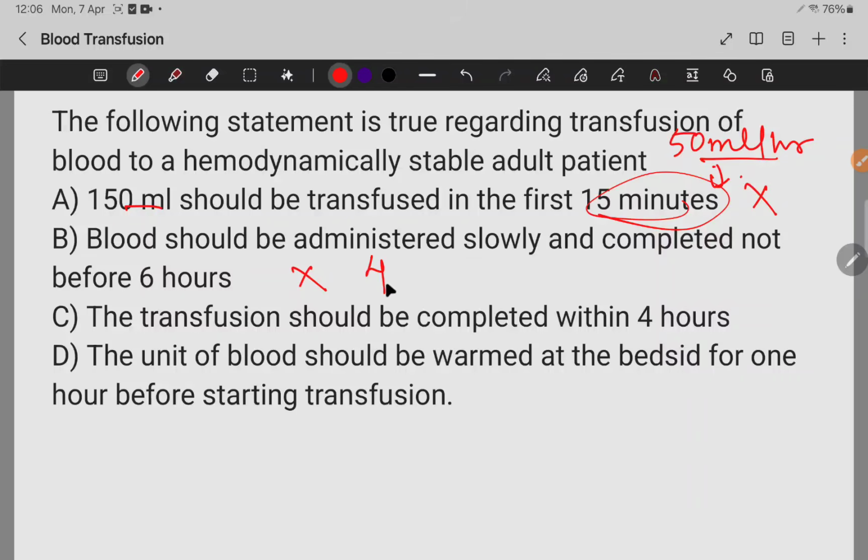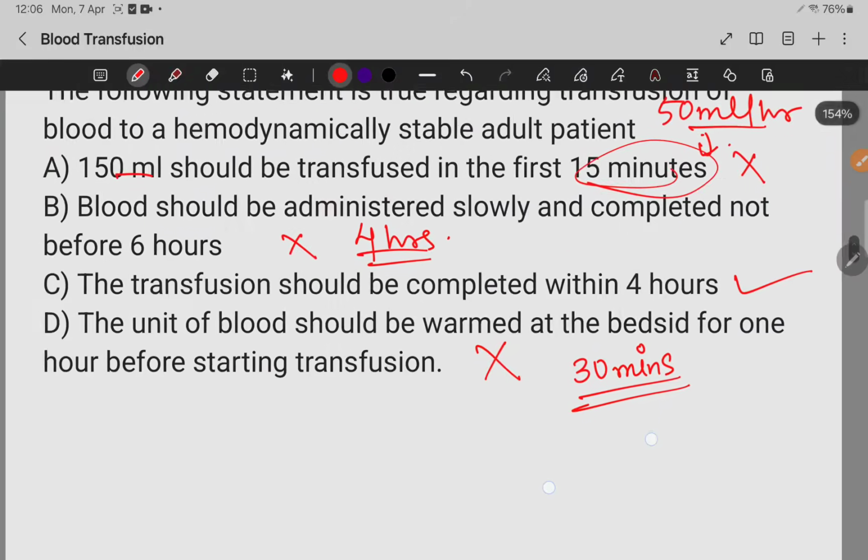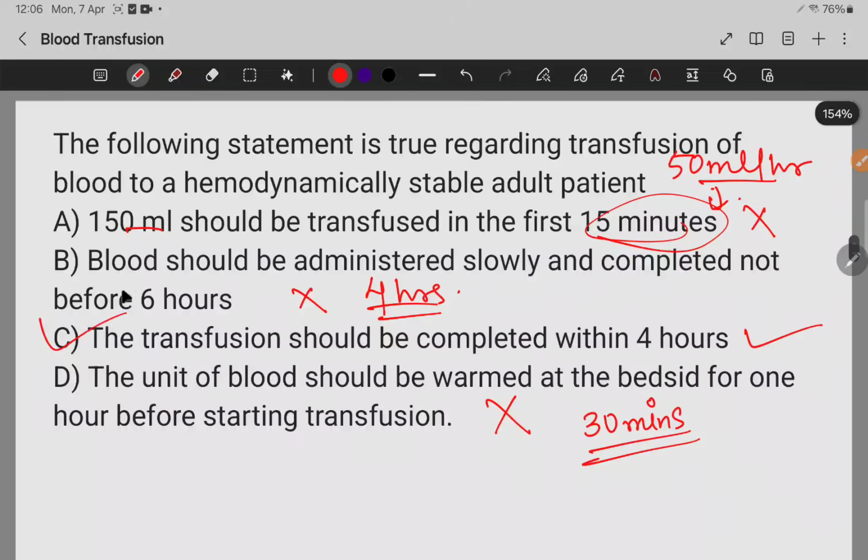Wrong. We have to complete the blood before 4 hours. The transfusion should be completed within 4 hours. Yes, right. The unit of blood should be warmed at the bedside for 1 hour before starting infusion. Wrong. Okay. So as soon as the blood comes from the blood bank, you have to start giving it within 30 minutes. So option C is correct.